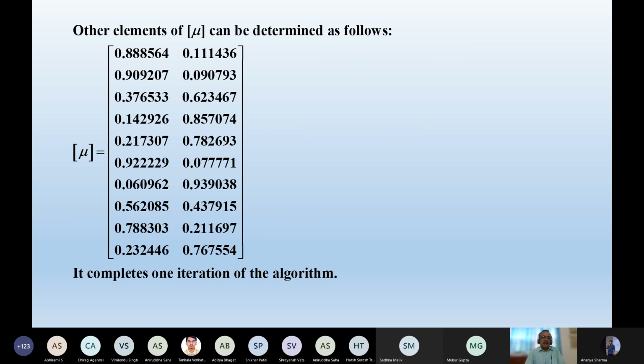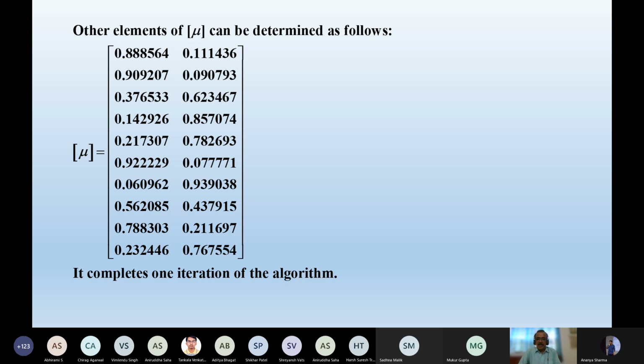Now similarly, you can find out mu12 like this. Then comes your mu21, mu22. So I can find out the modified values for the membership. That completes one iteration of the algorithm.